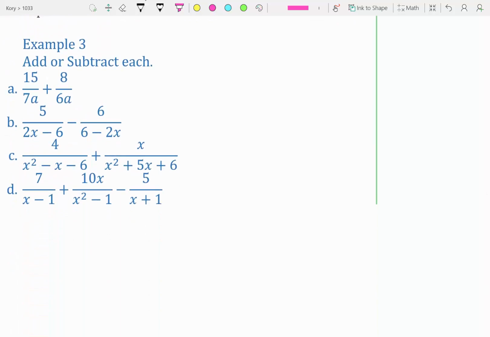Alright, example 3, part A. I'm going to show you both ways. So one way is finding the LCD.